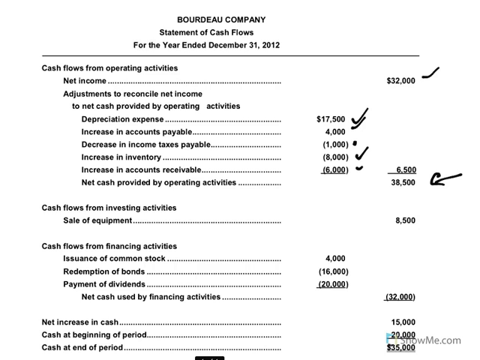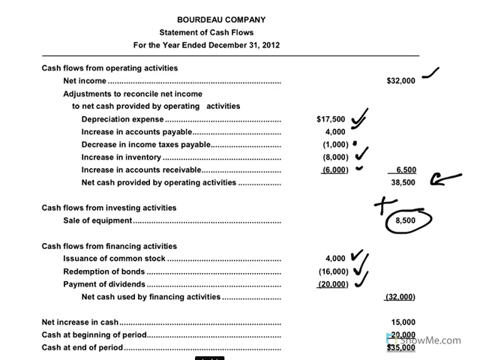Where did they spend it? Well, they didn't spend it on investing because they sold the equipment. So that's more money. They had $38,500 plus $8,500. Now, in financing, they issued more stock, so that's a source. But they redeemed the bonds, which means they bought them back, so that is a use. And they paid dividends.